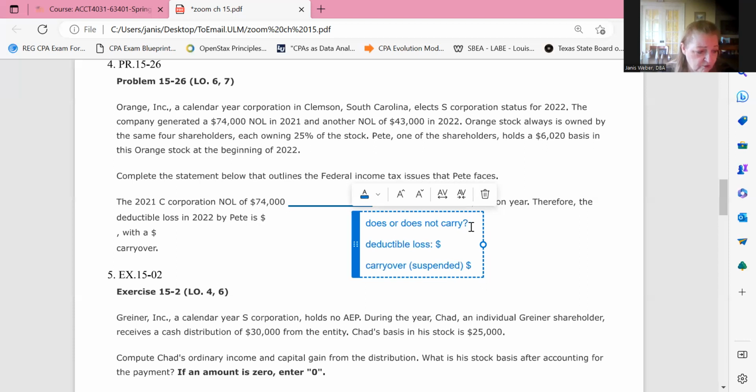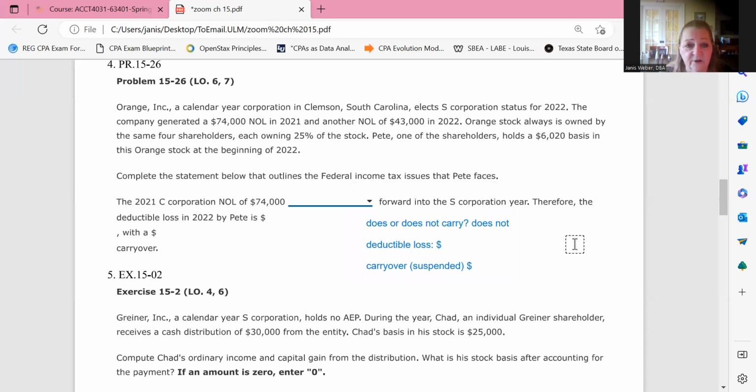It's not part of the S Corporation future. It is only related to the individual and depends on whether they can deduct it or not, or whether they have to suspend some of it, which would be the equivalent of carrying forward. Okay, so that's the first piece. Then, therefore, it does not carry forward.